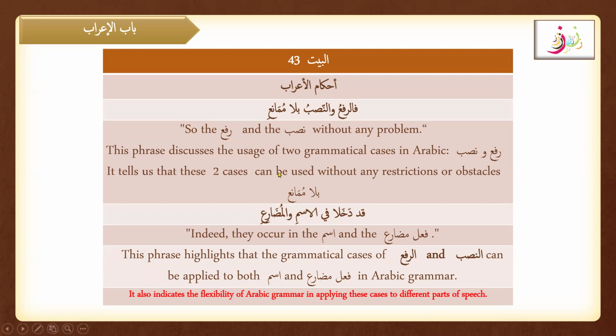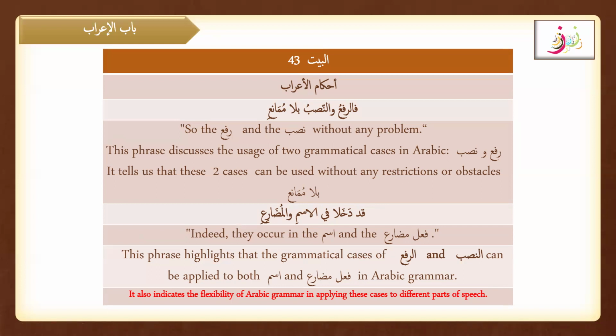So here again, he is telling us about the alamat asliya. We have done this in detail, alamat asliya and alamat fari'iya: what are the real signs of Rafa, Nasab and Jar, and what are the fari'iya, or you can say the implied, or even the not-real signs for these Rafa, Nasab, Jar and Jazm states.